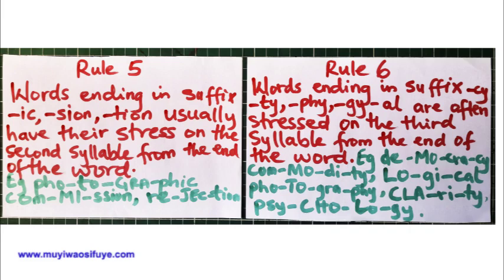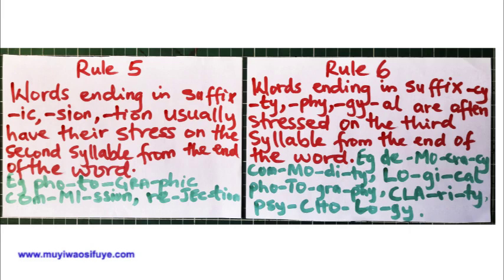The stressed syllable there is to. Clarity. The stressed syllable there is cla. Psychology. The stressed syllable there is co. You realize that some of these words here are 3 syllables, others are 4 syllables.